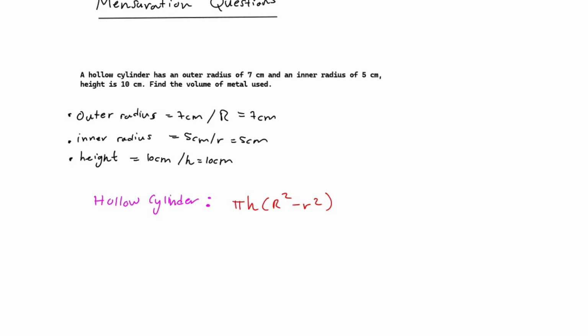The original formula for a cylinder is the volume is equal to pi r squared times height. Now what's basically happening? The difference between the radiuses is being subtracted inside. So we're actually getting the volume of the metal used when it's practically hollow.